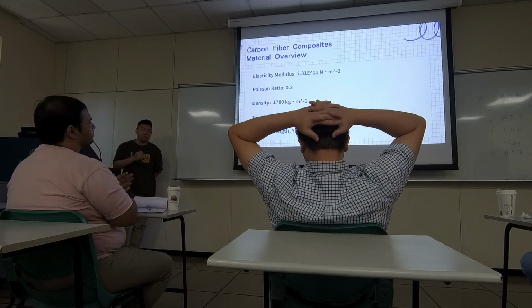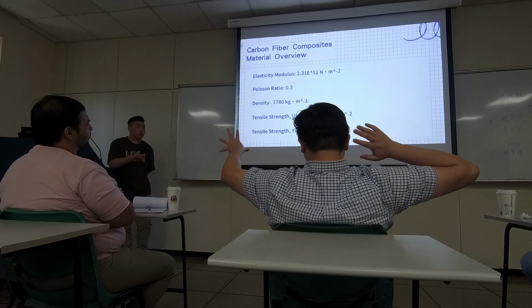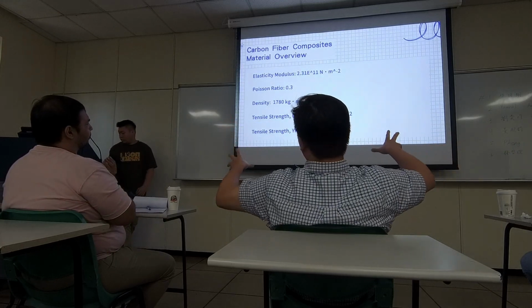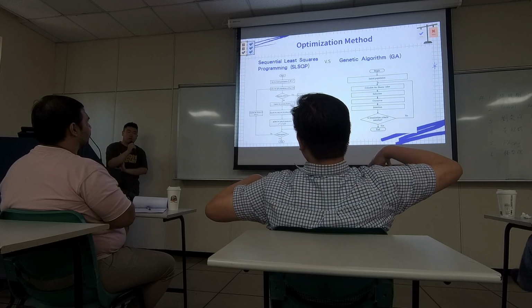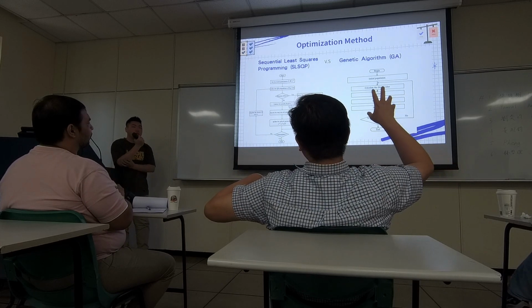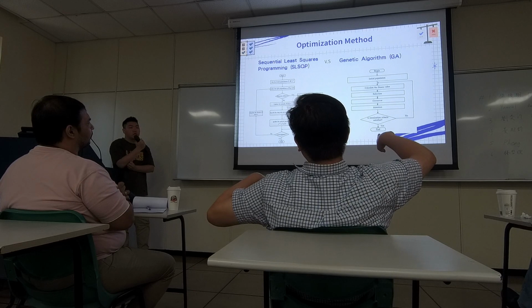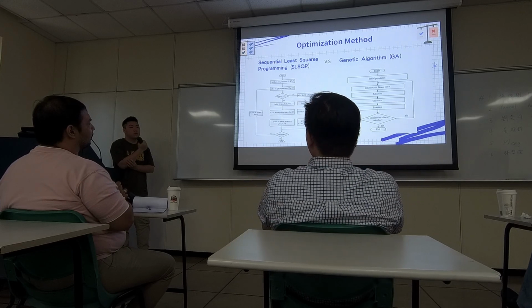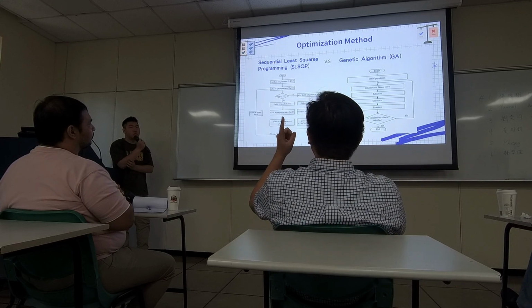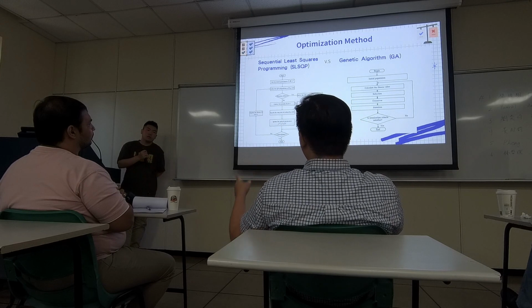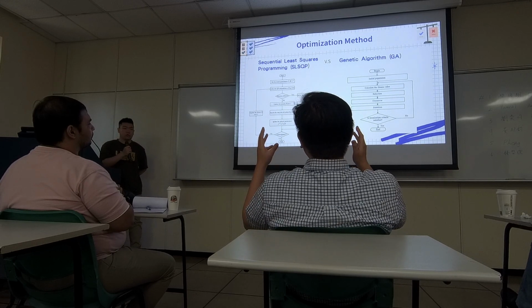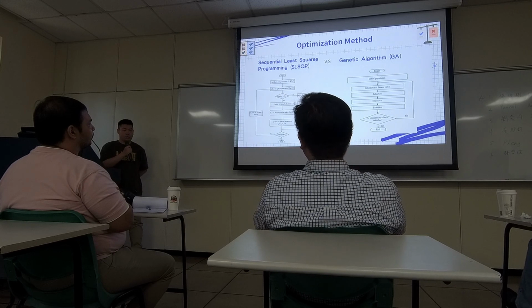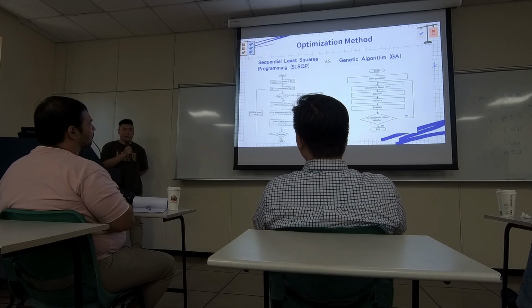If you use quadratic programming or GA, I think both of them will give you the same result. And if you use GA, it will take a lot of time to converge because every trial needs one finite element run. For GA, you need to run the finite element probably 1,000 times or even more.